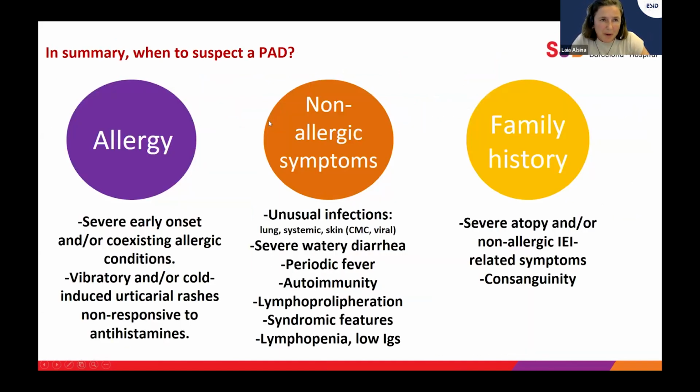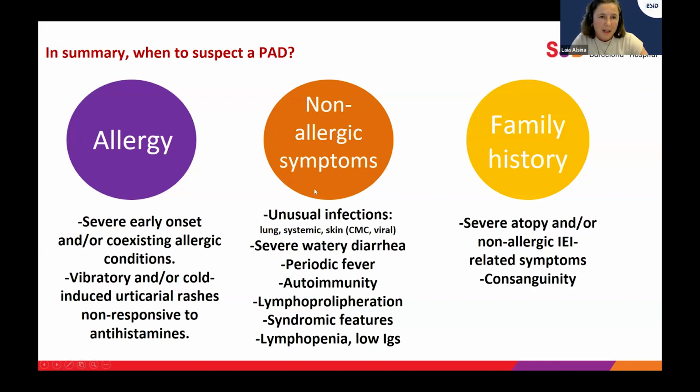So when to suspect a primary atopic disorder? Of course, allergy that is severe, early onset, and/or coexisting allergic conditions, but also vibratory and/or cold-induced urticaria rashes that do not respond to antihistamines.